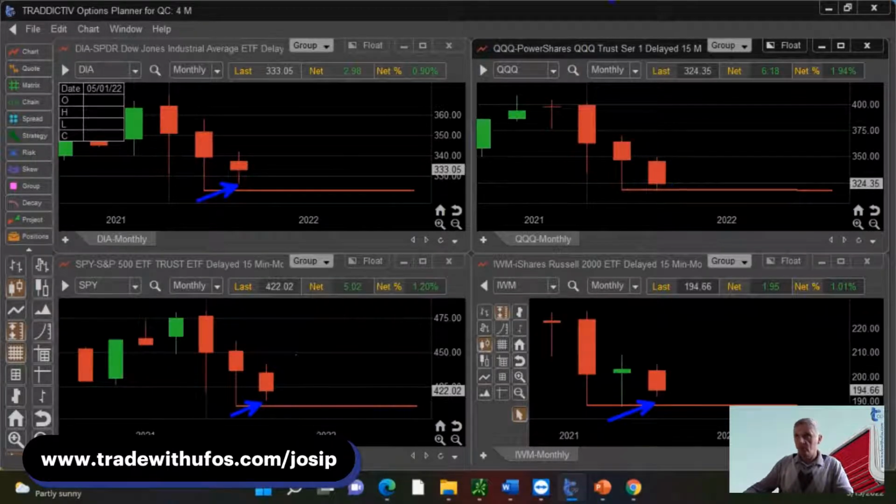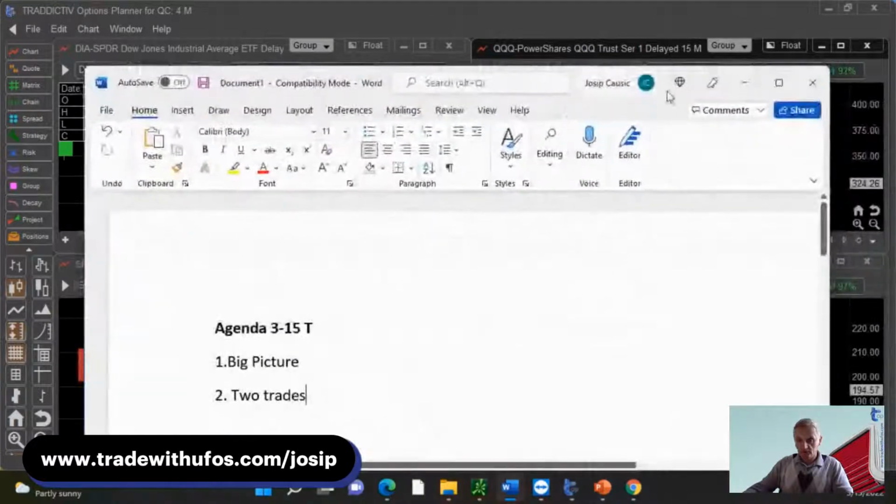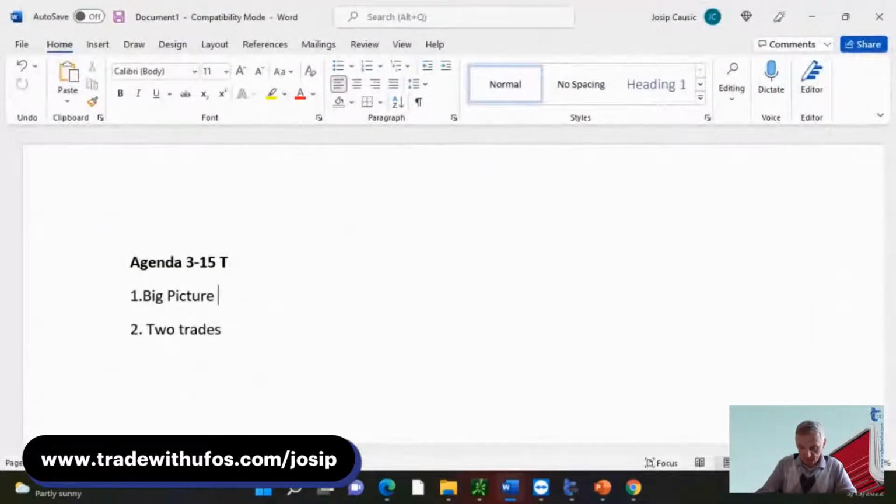So what do I mean by this? If I really need to summarize this whole thing in one or two sentences in terms of the big picture, this is what I would say. Diamond is definitely the strongest. QQQ is the weakest.